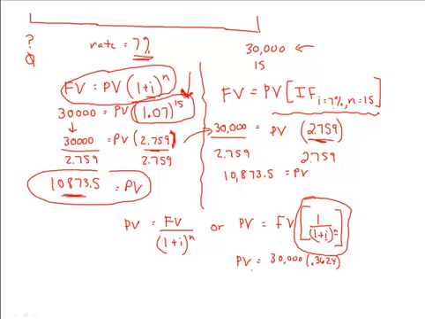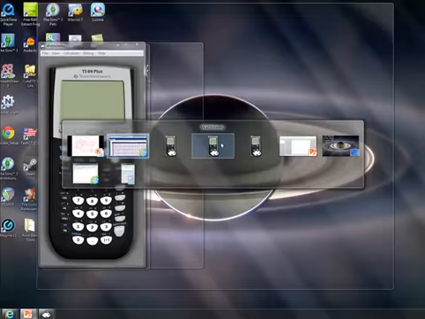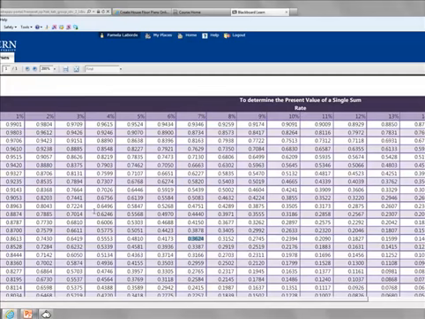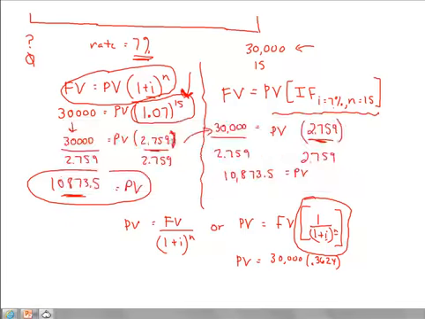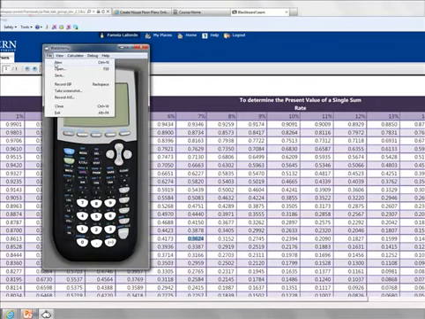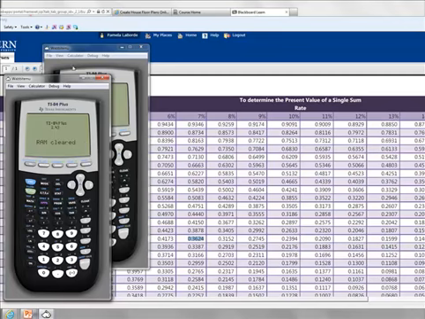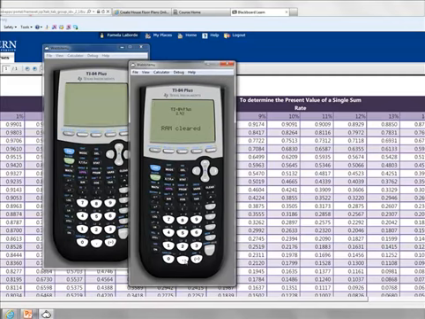Then if I take the 30,000 and multiply it by the 0.3624, the 30,000 gives me 10,872.